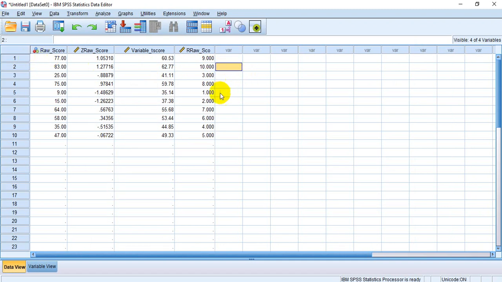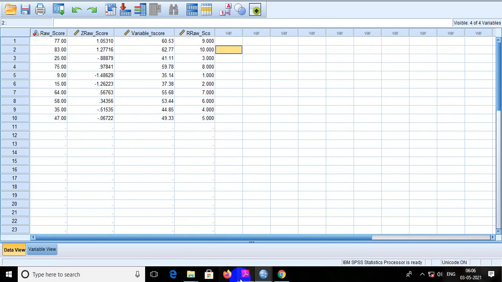The first rank is 9, was the first rank. You see the last one, the 10th rank, is 83. The 9th is 77. You see, this is the rank of the score.